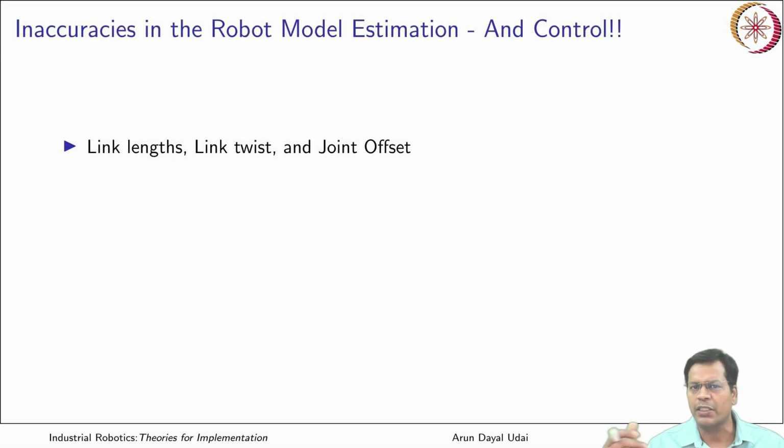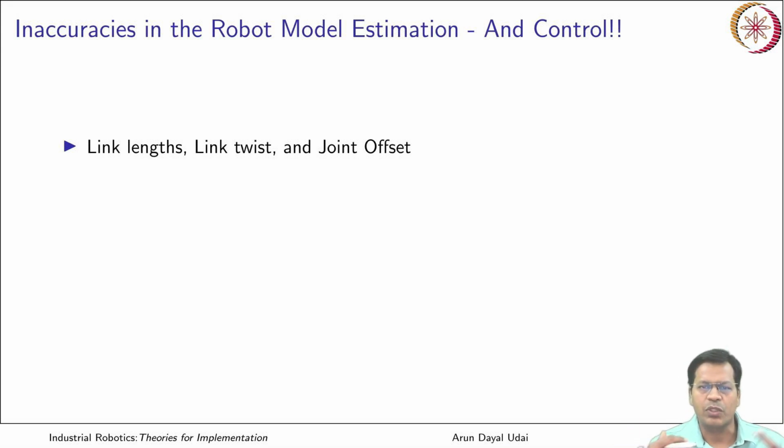The same is true for joint offset: there may be a joint offset even if there is none in the design itself. So manufacturing error is always there, and sometimes it is not even measurable once the robot is assembled.